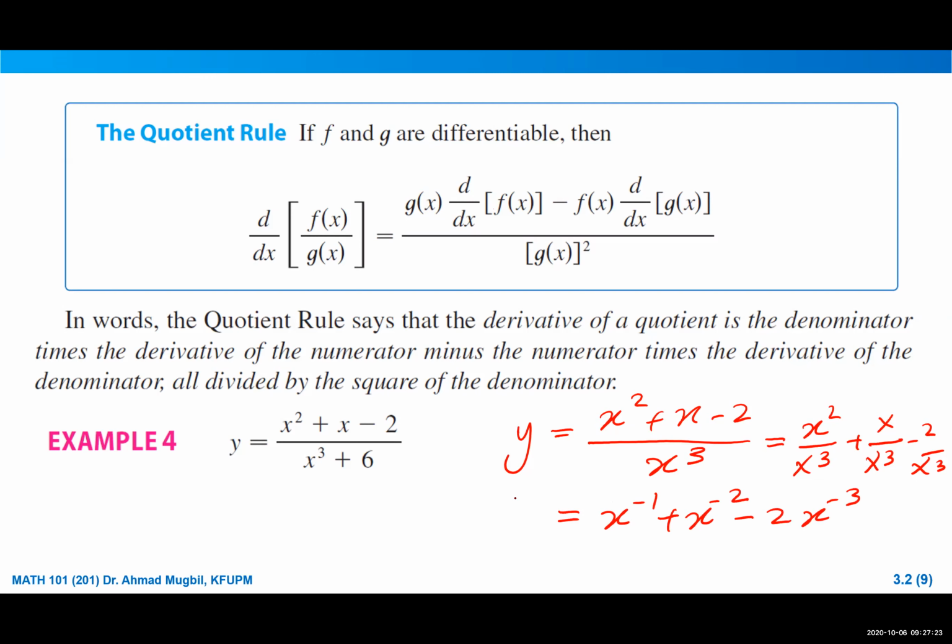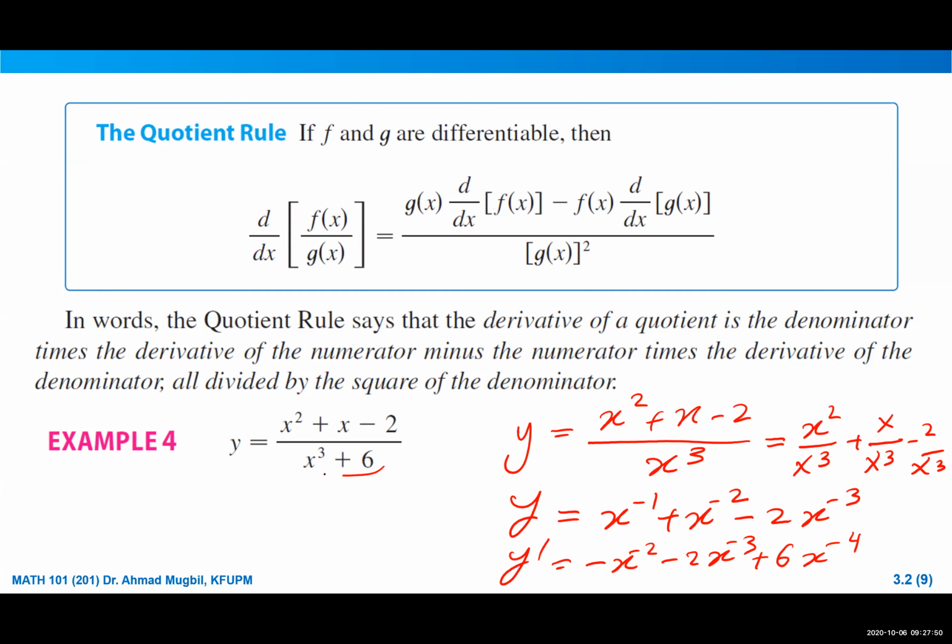Teacher, where is plus 6? Sorry? Where is plus 6? I said if we don't have this. Oh, okay. If we don't have it, the derivative will easily be negative x to the power -2 minus 2x to the power -3 plus 6x to the power -4. This is if we don't have this.